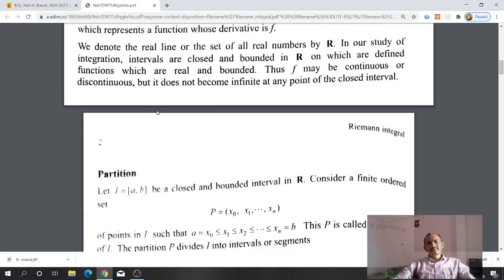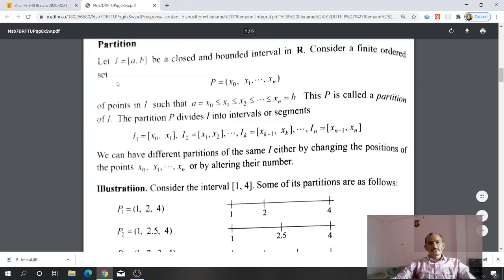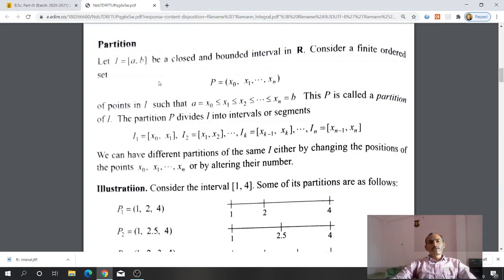Now next we will see what a partition is. So let's define the partition. Let's take one closed bounded interval in the set of real numbers. Let I be the closed interval [a, b], and consider a finite ordered set {x0, x1, ..., xn}.